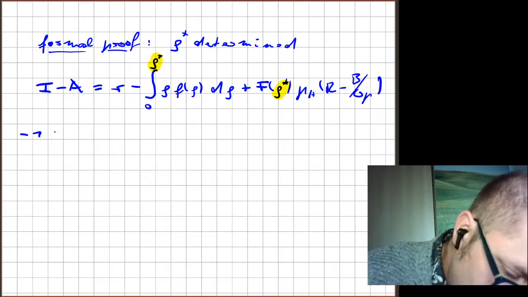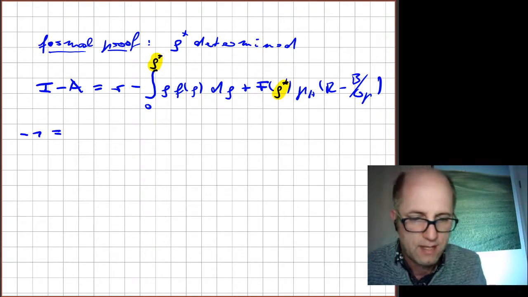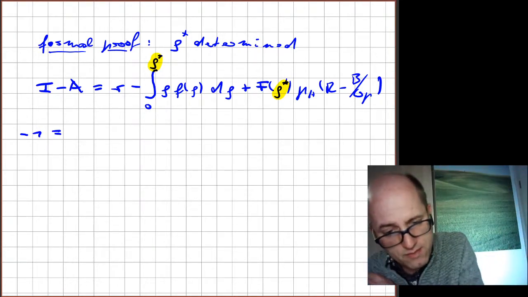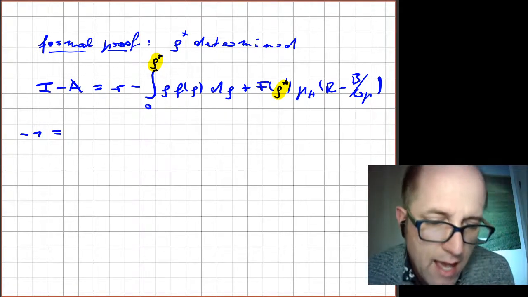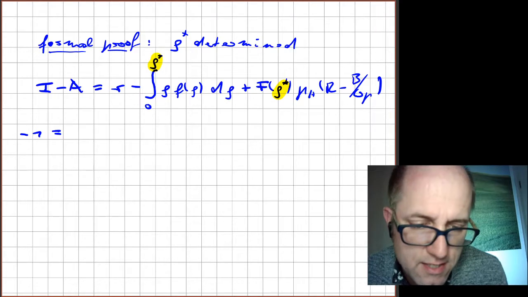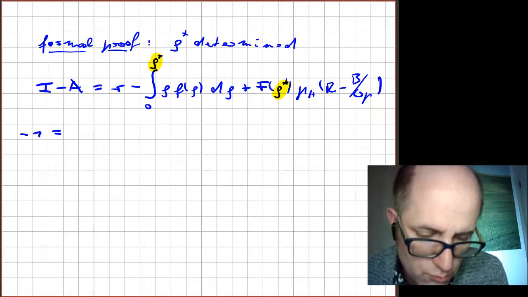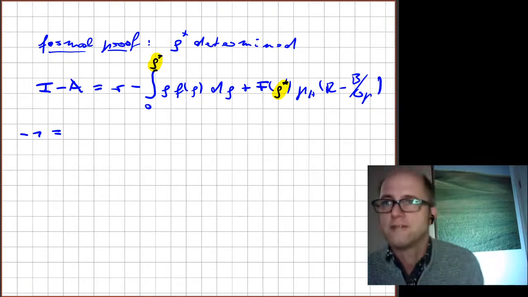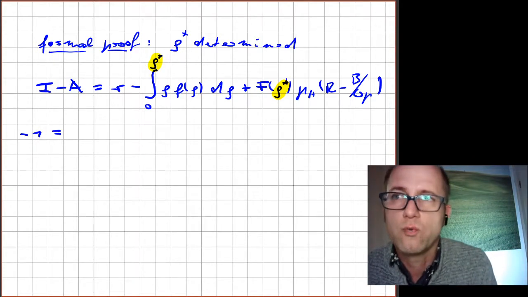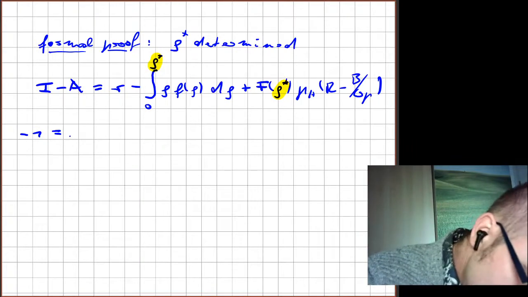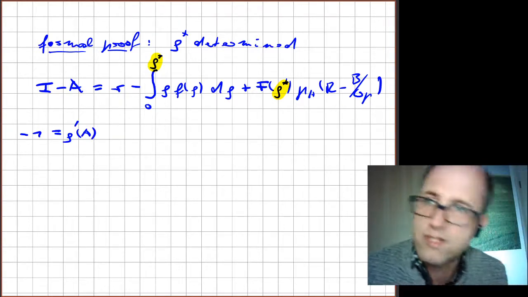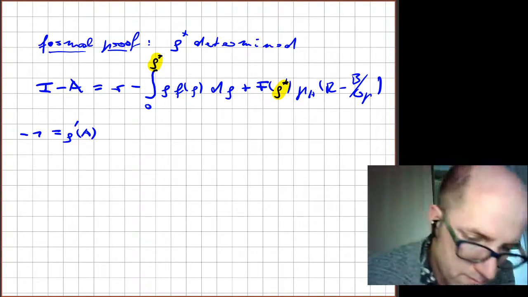So this gives us -1 on the one side, and on the other side, the R disappears. And then we have this integral that depends on rho star of A. So therefore, we have to use the chain rule. The inner derivative is rho prime of A, and the outer derivative, the same as before.